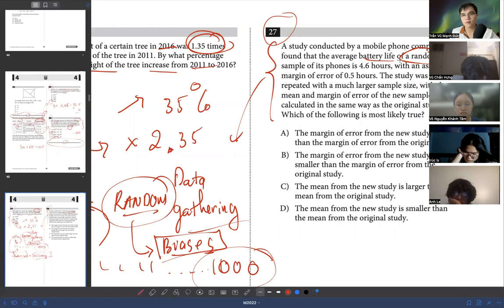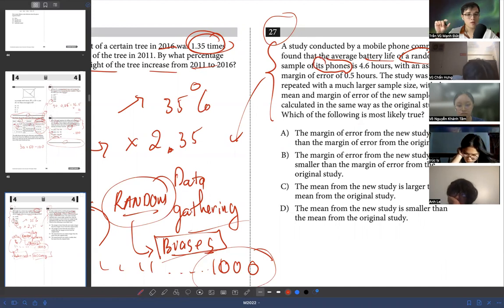A study conducted, they find a random sample of its phone, random sample of its phone. So it means that there's this one bias, right? So it will not be representative for every single smartphone out there or every single phone out there in the world, but it will be only representative of every single one of this company's phone.